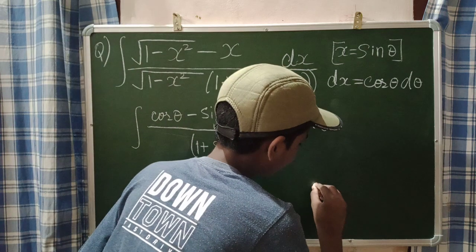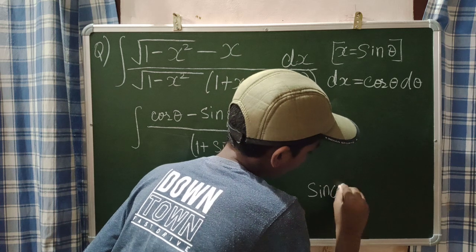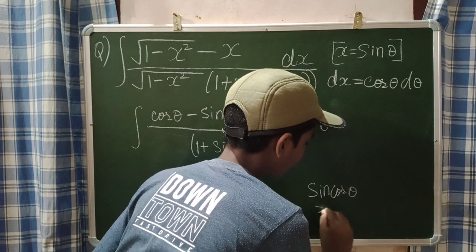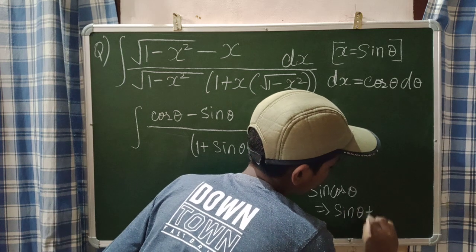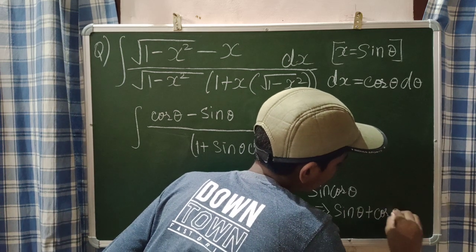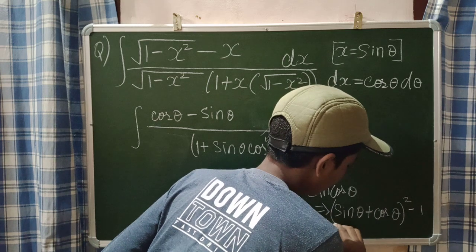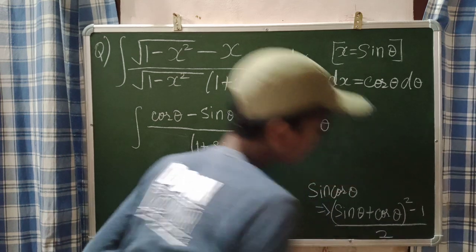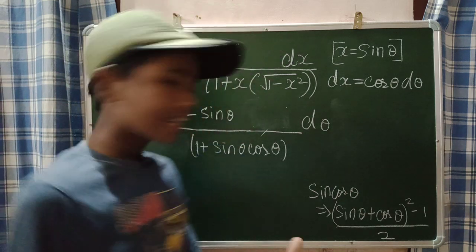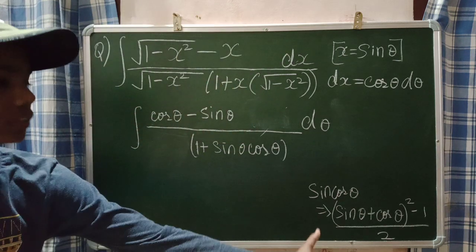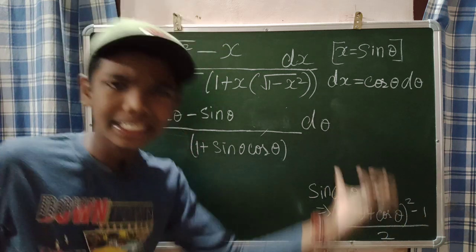The formula is: sin theta cos theta can be written as (sin theta plus cos theta) whole square minus 1, divided by 2. This is the formula I was calling unexpected. So sin theta cos theta can be written as (sin theta plus cos theta) whole square minus 1 divided by 2.